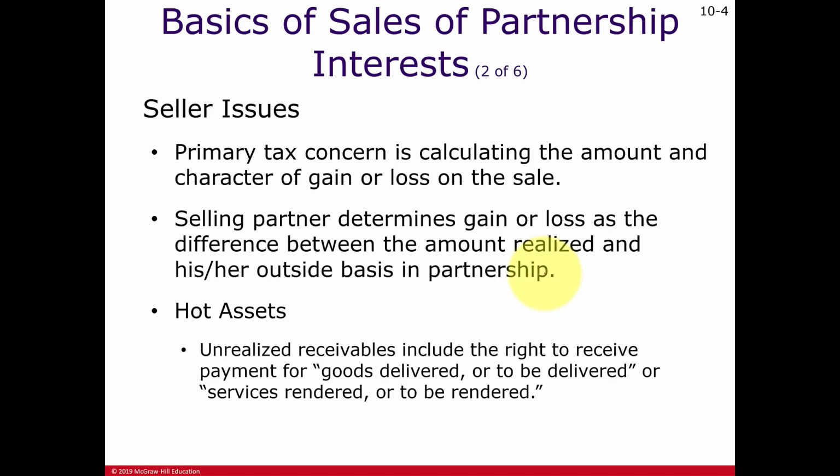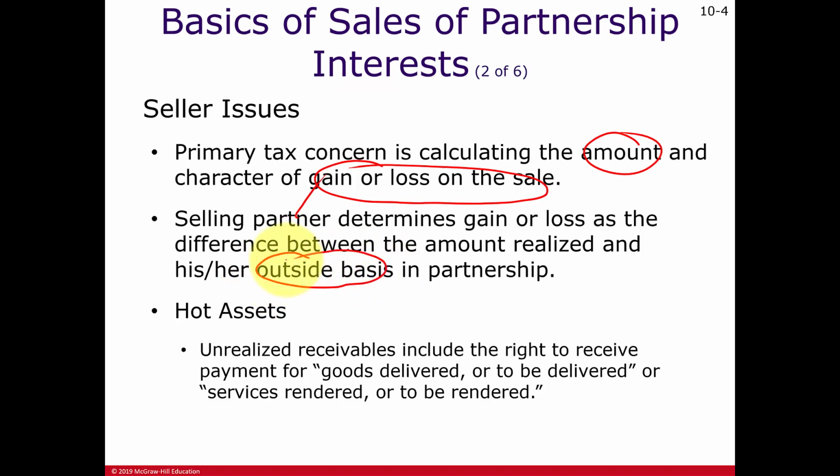Let's take a look at some principles here regarding when a partner is selling his or her interest in a partnership. So again, we need to calculate the amount of the gain, and we just went through that formula. In the case of the selling partner, that cost basis is not the capital account being kept track of by the partnership, but is the partner's outside basis.